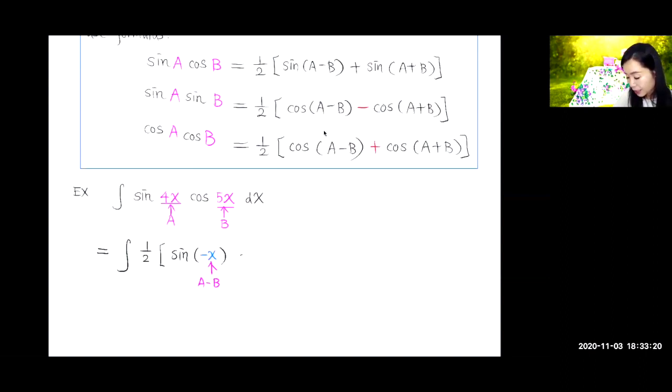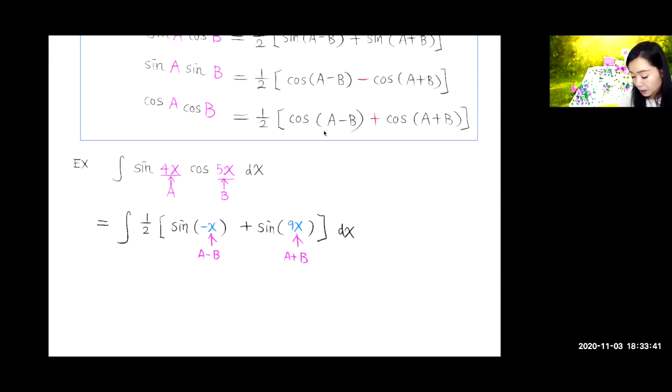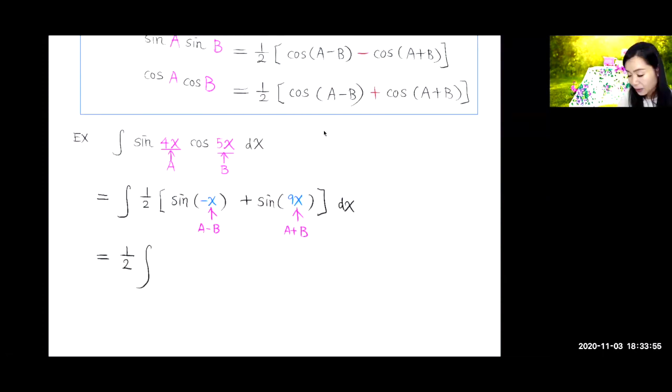And then adding sine of A plus B, which is going to be 9x. Now we're integrating this with respect to x. So the 1/2 here is a constant multiple. We take it in front. Also, sine of negative x is negative sine x. And then plus sine of 9x.